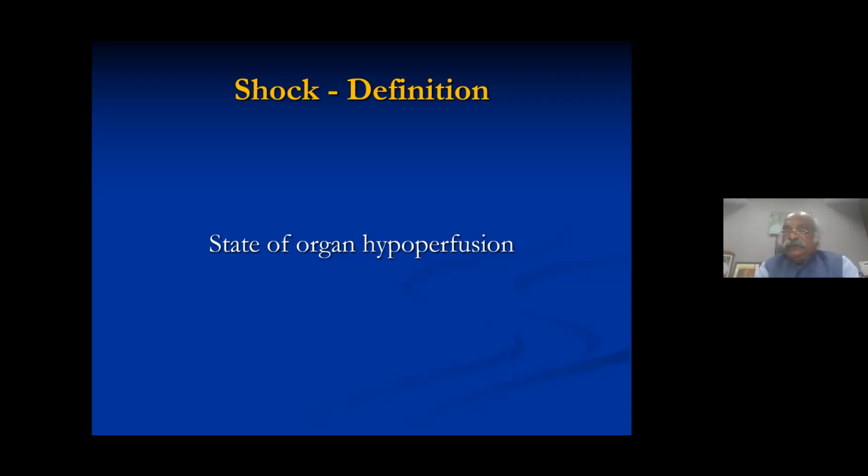But I will simplify the definition by saying that the best simple scientific definition of shock is a state of organ hypoperfusion. Ultimately, this is a state of organ hypoperfusion that you must understand as a man of science. This hypoperfusion in the tissues is important, and there are two things at two ends.